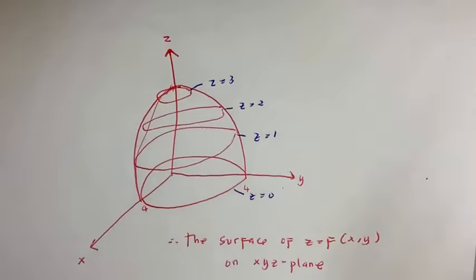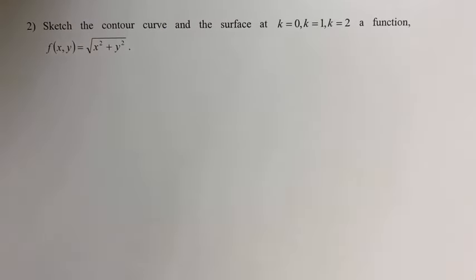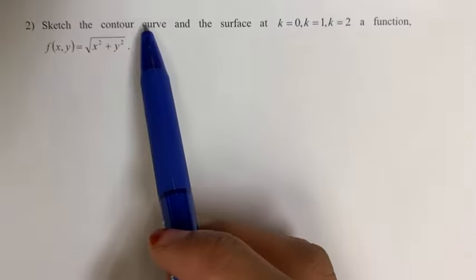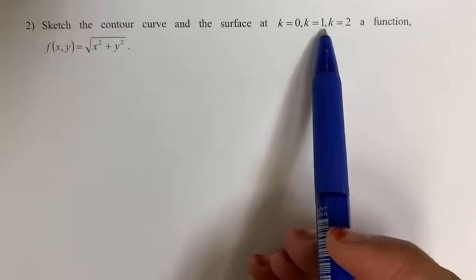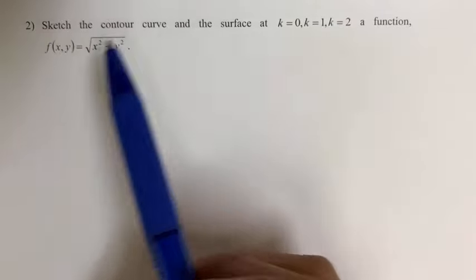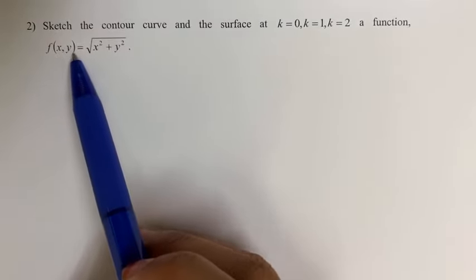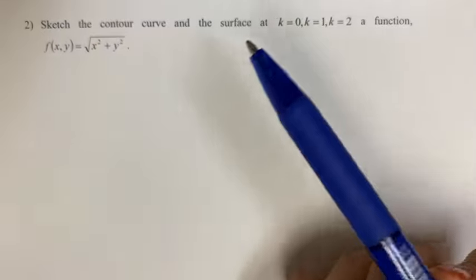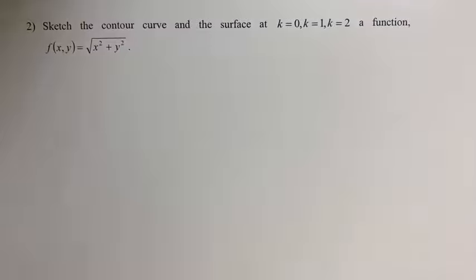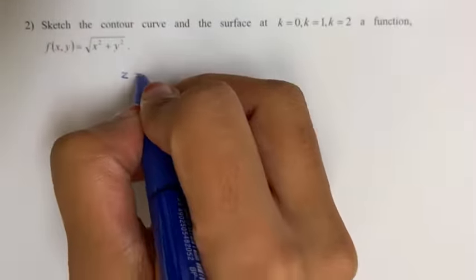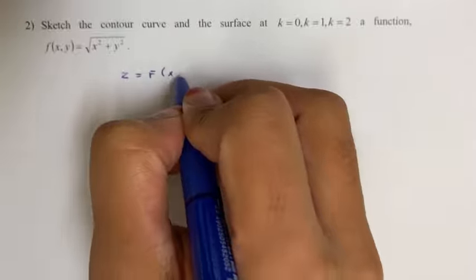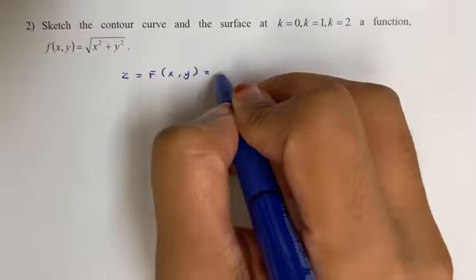Okay. For the second example, we have to sketch the contour curve and the surface at k equal to 0, k equal to 1, k equal to 2, for the function f(x,y) equal to square root of x squared plus y squared. So for the contour curve, z is equal to f(x,y) equal to k.